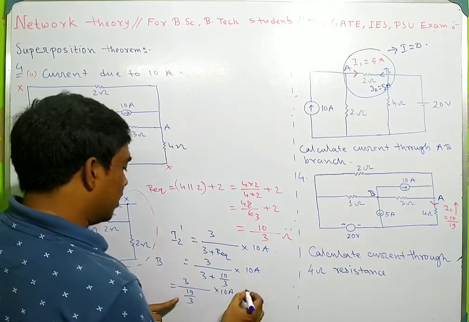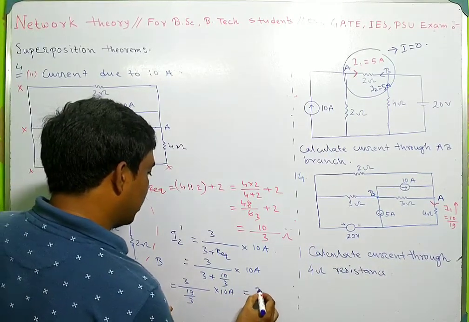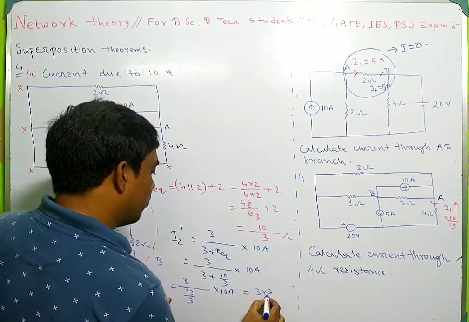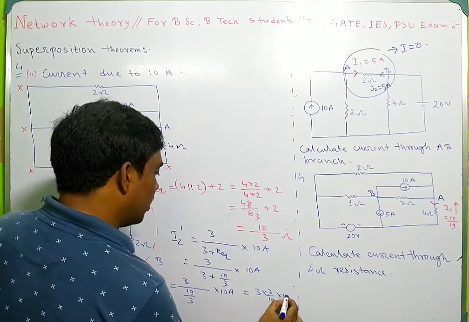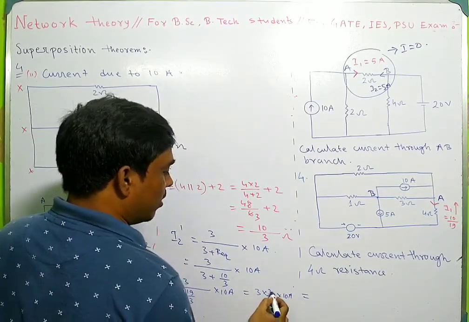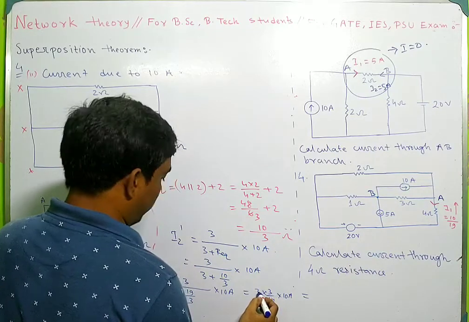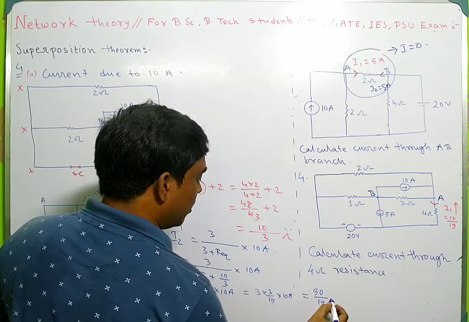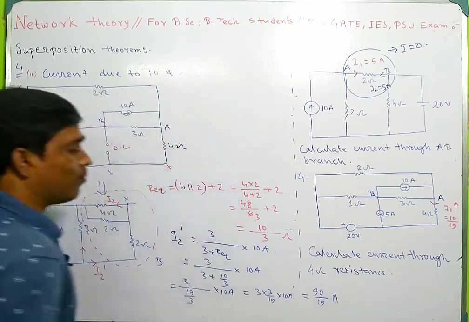So it will be 3 into 3 by 19 into 10 ampere, so it will be 90 divided by 19 ampere.